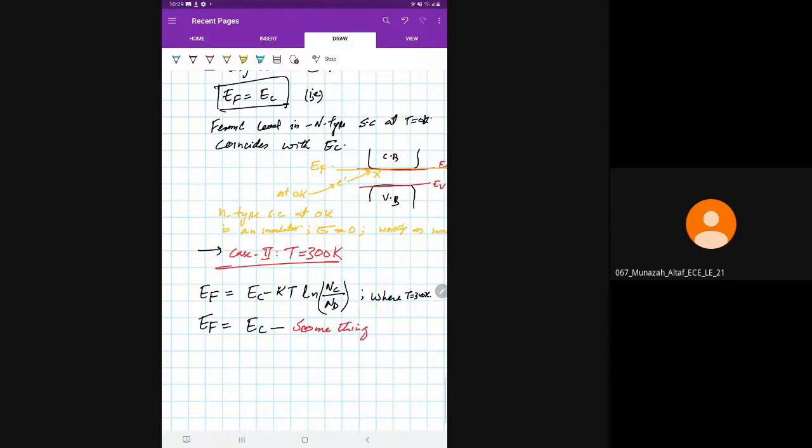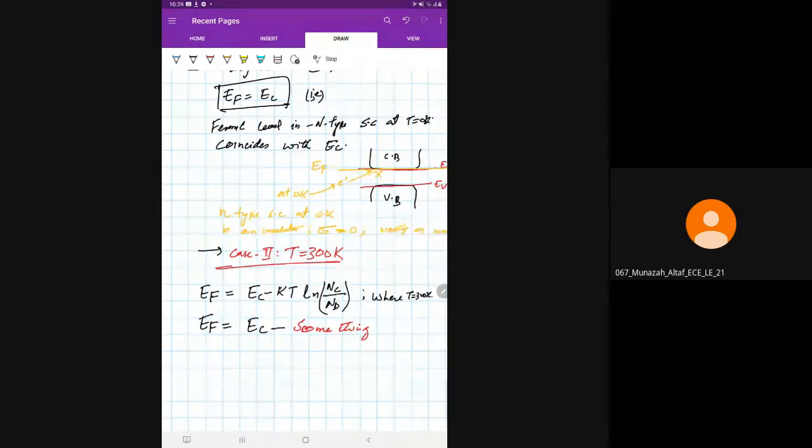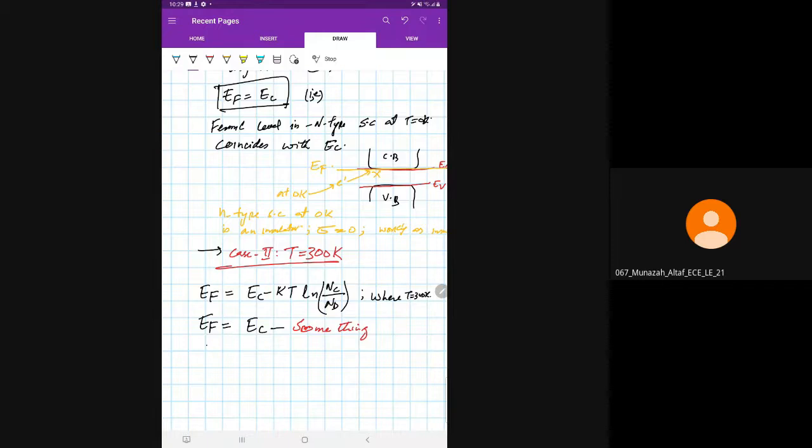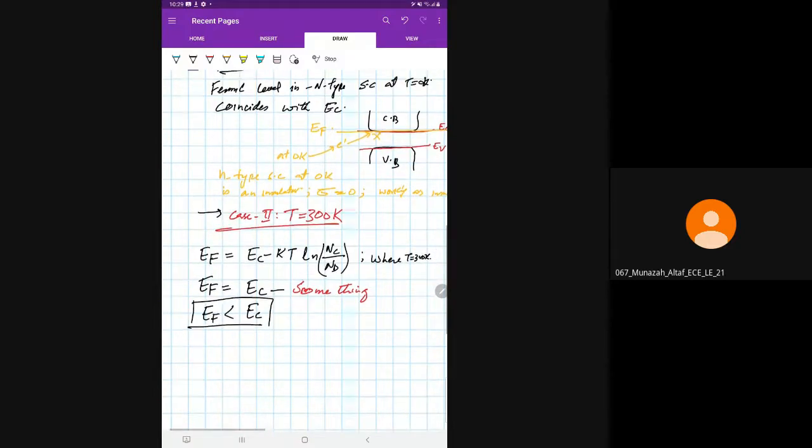And we know that if something is subtracted from EC, then EF will be less than EC. Or we can say that EF is below EC. So at 300 Kelvin, the Fermi level will be below EC.